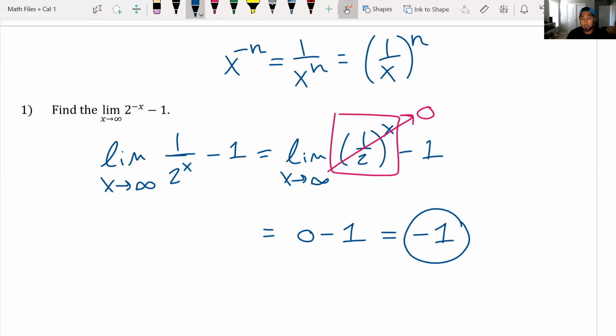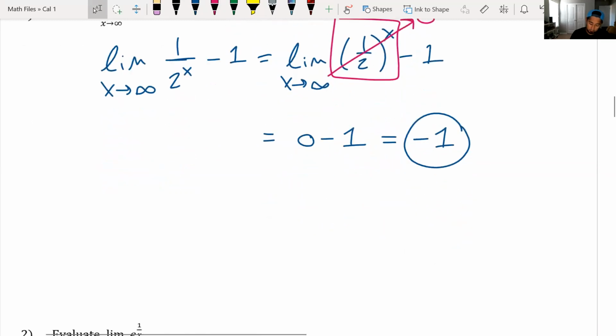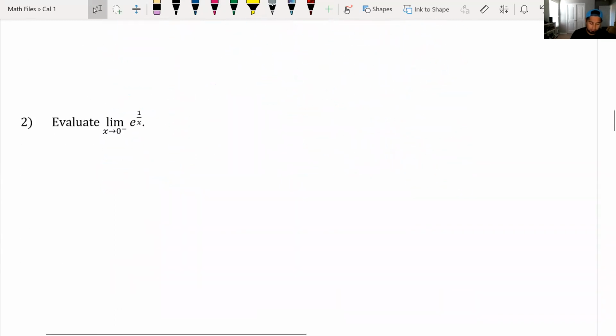Okay, excellent. So that's how we handle that. Okay. 2, evaluate the limit as x approaches 0 from the left for the function e to the 1 over x. Okay, well, what we can notice here is that this is actually a composite function. It's made of two functions.